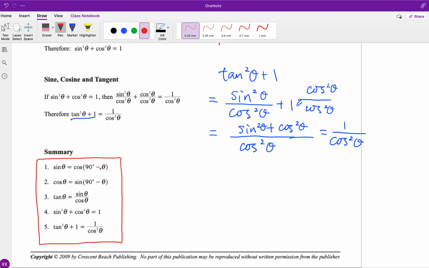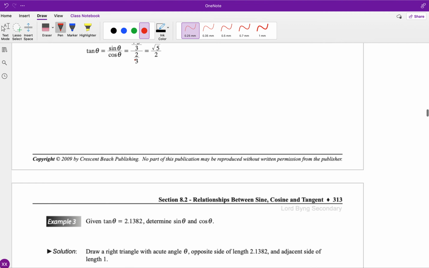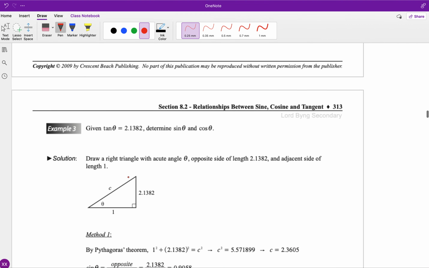What else? Now the interesting thing is that we have a tangent that is just a decimal number. It is not a ratio. Take a look at here. All the others are given as a ratio. All of a sudden this tangent seems like it should be a ratio. Why is there just this number?